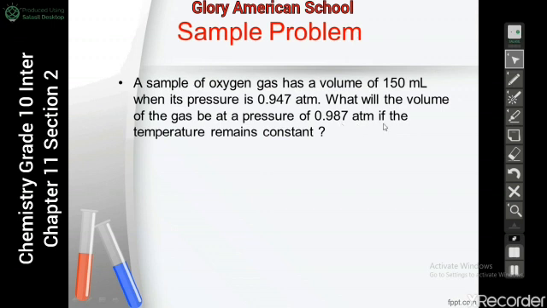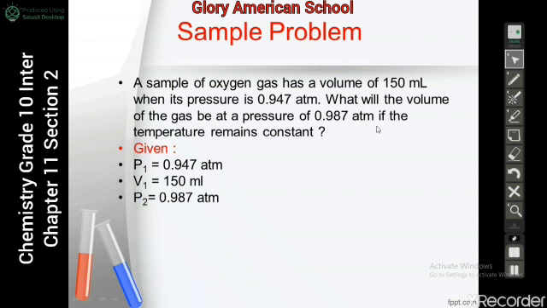This is P2, if the temperature remains constant. So the given are P1, V1, and P2. We are given pressures and volume, so the relation is between pressure and volume, which is Boyle's law. So P1 V1 equals P2 V2.